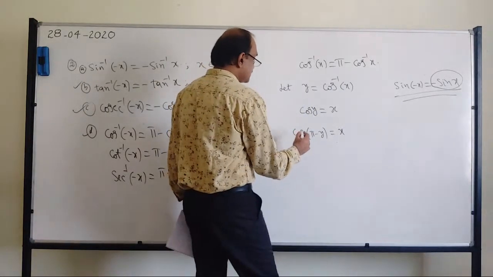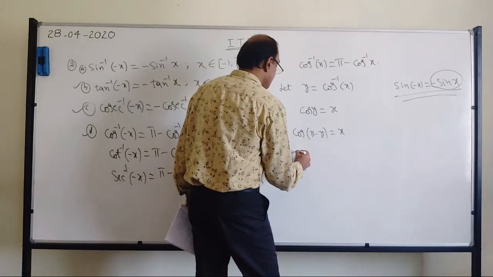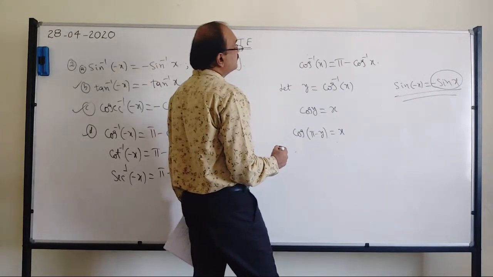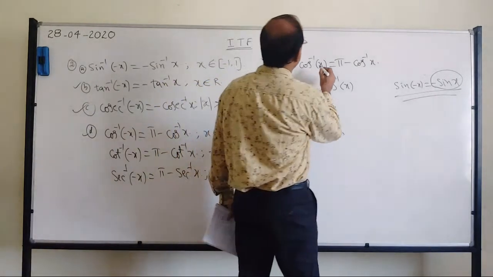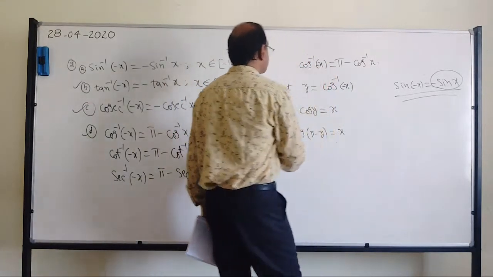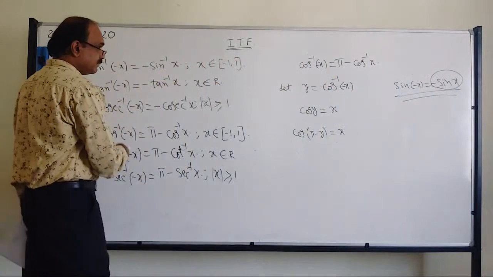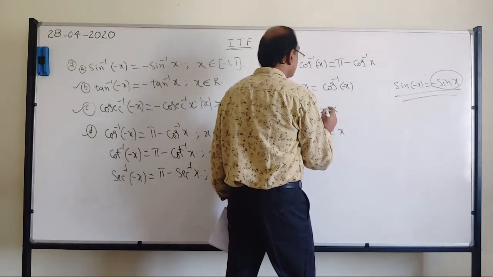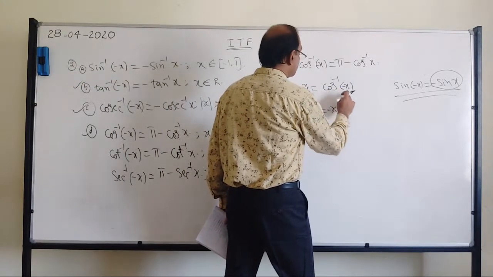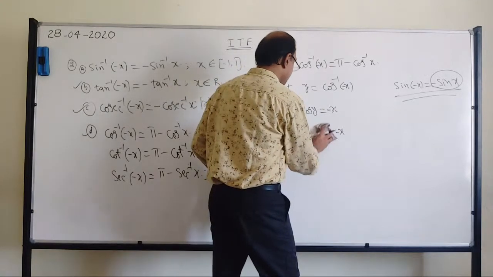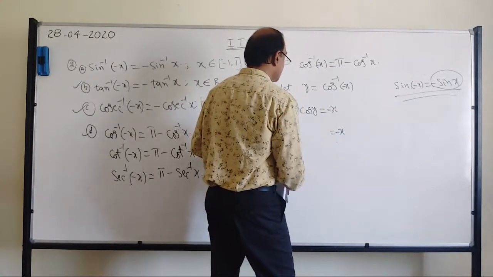Sorry, here it is minus. We are starting with minus, right? Cos inverse of minus x. So I made a small mistake. It starts with y. This one we have got minus x. Okay. Now I will write like this only.